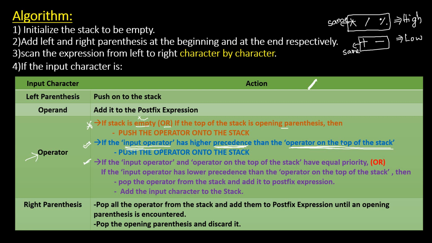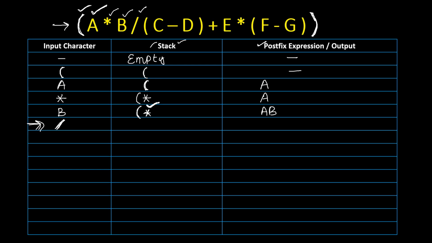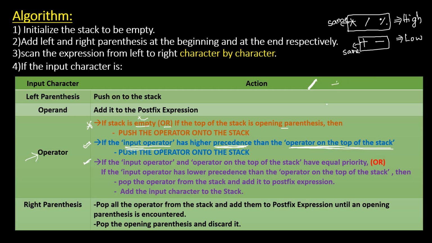We are having multiplication. So this point will not match. Whenever the input operator has higher precedence, only then we have to consider the second point. So go to the third point. The third point says that if the input operator and the operator on the top of the stack have equal priority.